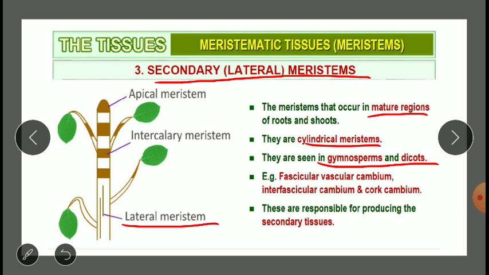They are also responsible for producing the secondary tissues. That is secondary growth they are known to form. Examples are going to be the fascicular vascular cambium, interfascicular cambium and cork cambium.